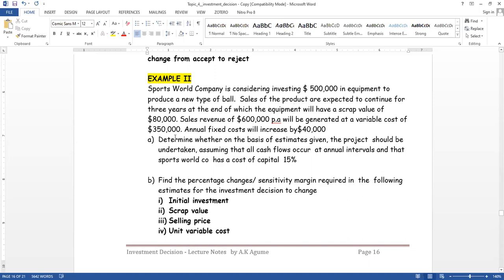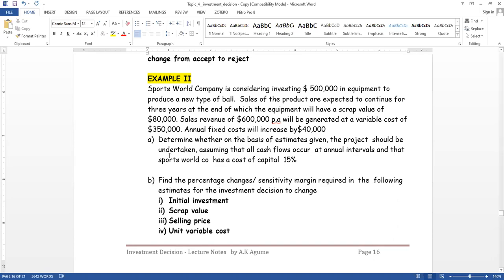Determine whether on the basis of the estimates given above, the project should be undertaken, assuming that all cash flows occur at annual intervals and that Sports World Company has a cost of capital of 15%.